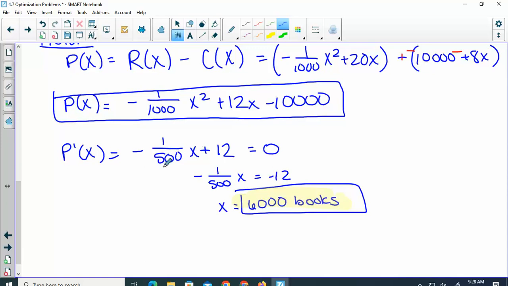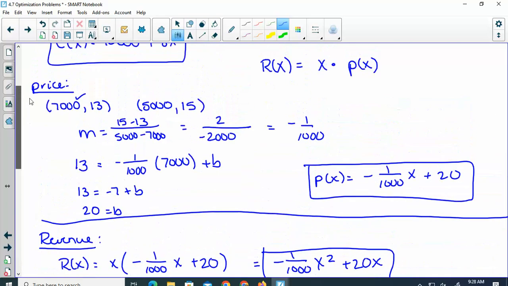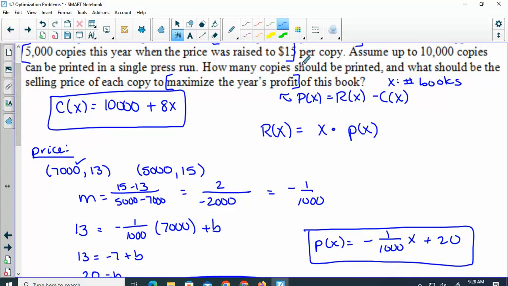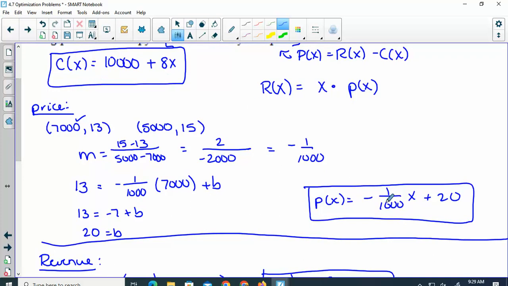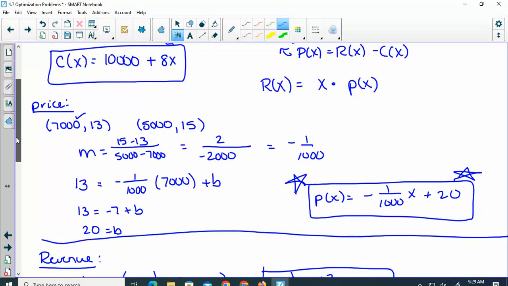I asked several questions here. How many copies should be printed? We answered that. And what should be the selling price? So remember, my price was right here. To get the price for these books, I'm going to plug my 6,000 into that equation.